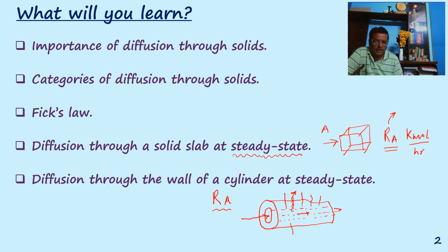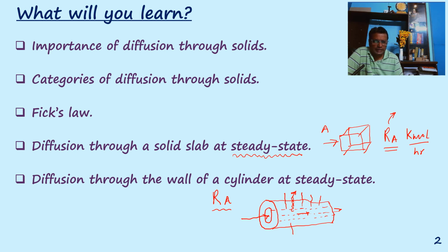So if we are able to calculate the rate at which the fluid gets lost through the surface of the pipe, then you'll be able to estimate the amount of loss in terms of money. So in that way, this discussion is going to help us.